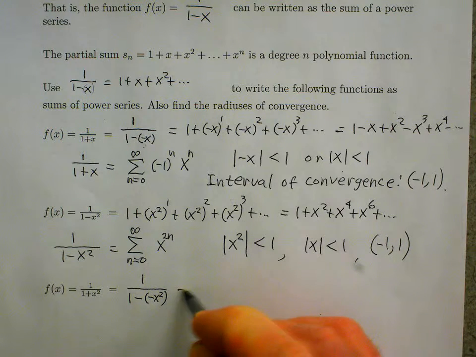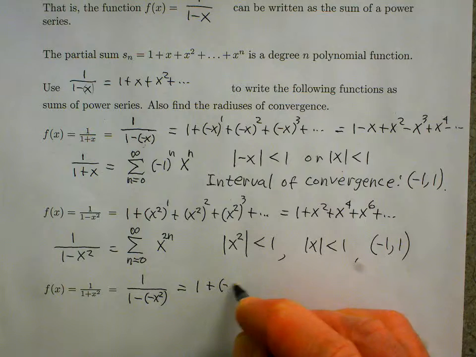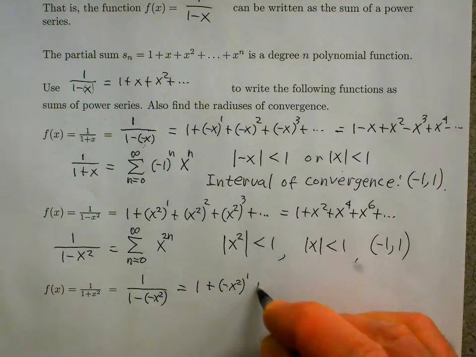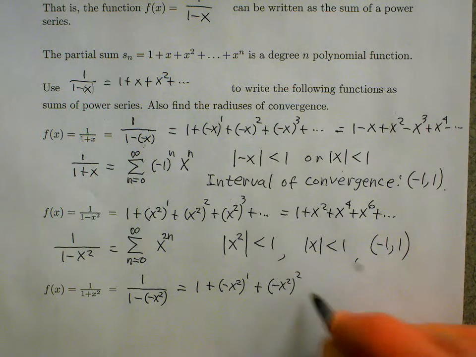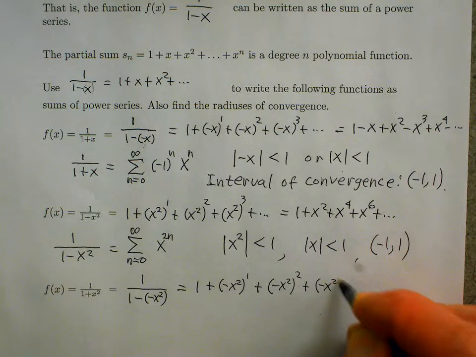The first term, though, is 1, and then plus the term negative x squared to the first, then plus the term negative x squared to the second, and so on. So I'll write the next one plus the term negative x squared to the third, and so on.